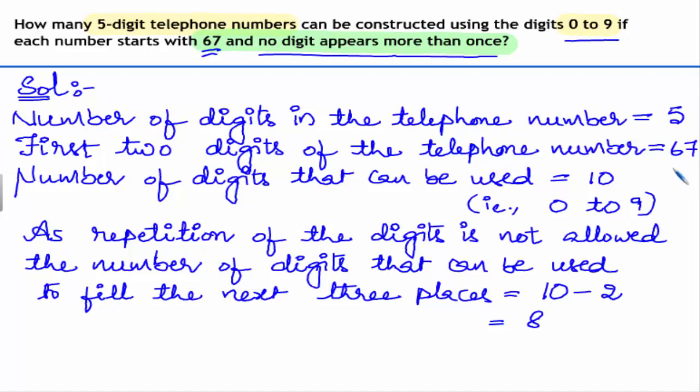That implies 6 and 7 cannot be used further. Therefore, we have to eliminate these 2 digits from the total number of digits that can be used. Therefore, the total number of digits that can be used to fill the next 3 places is equal to 8.